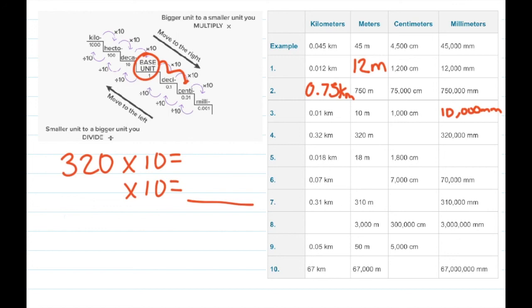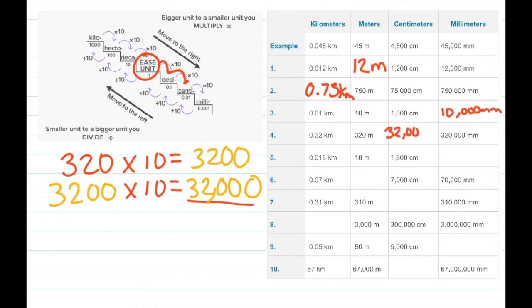So 320 times 10 is like adding one more 0, 3,200. Then I'm multiplying times 10 again, so this is going to be 32,000. The answer is 32,000 centimeters.